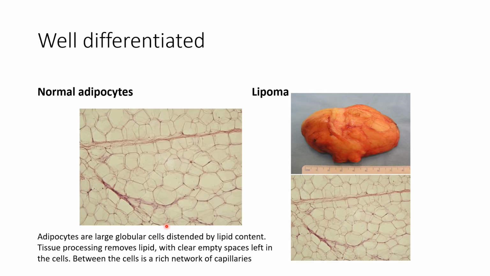We mentioned generally benign neoplasms are well differentiated, which means that the neoplastic cells resemble their normal cells morphologically and functionally. Under the microscope, the lipoma cells will look very similar to the normal adipocytes.